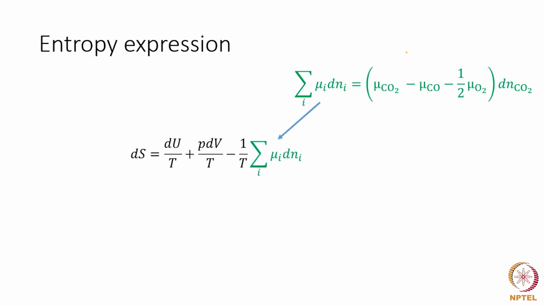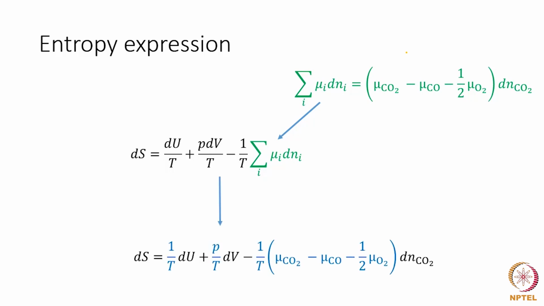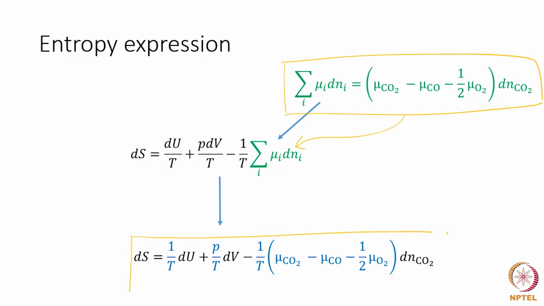We then use this to write the entropy expression: the expression that we derived just now is going to be substituted into the expression for the entropy of the entire system. So when we substitute, we get the following expression. It is only a very simple algebraic manipulation, and therefore we see that the entropy of the entire system comes out to be as given here.